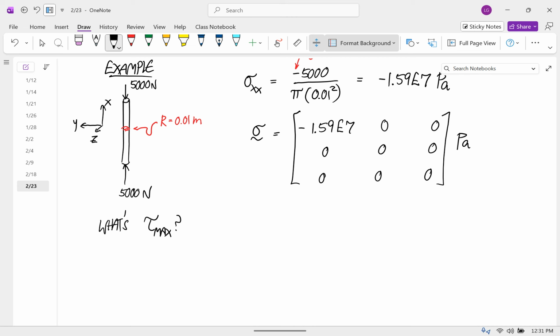That's how you do it in general, but in this case, think of the definition of the principal stresses. You know you have a principal stress tensor when there are no shear stresses. So this is already a principal stress tensor. And so we can skip that step here. Okay. So this is already principal.